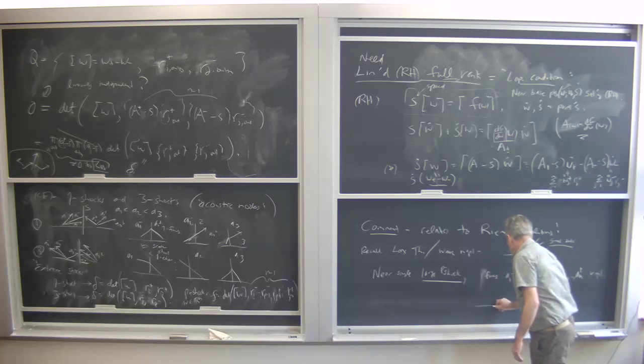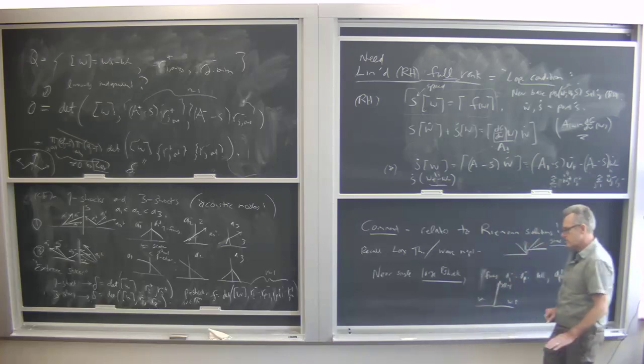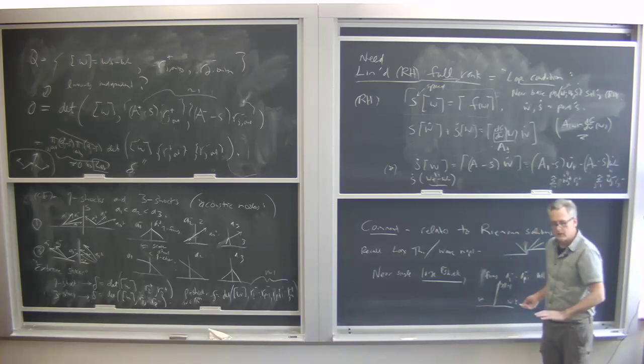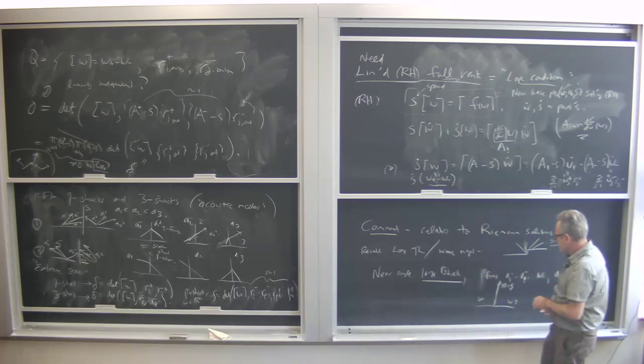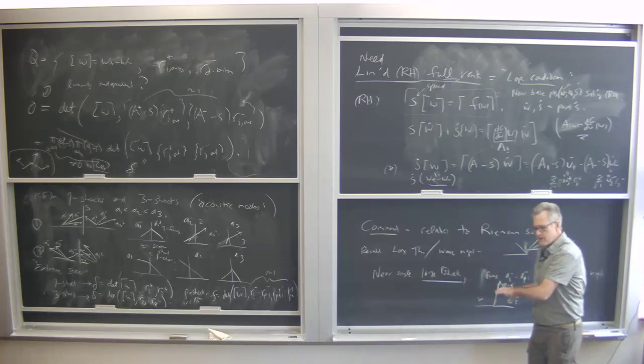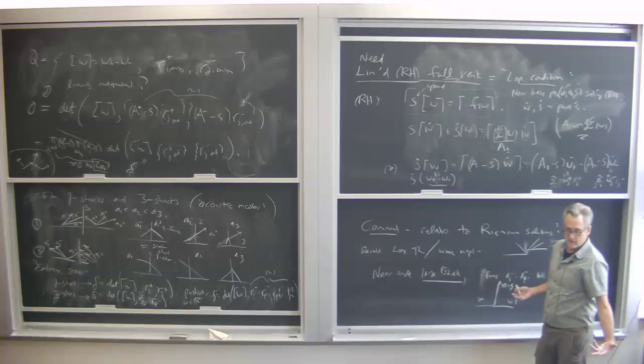Okay, so we start with a single strong shock. This is the solution of a particular Riemann problem, the one with the base points W minus, W plus, and speed S. And now we're asking, well, what if we change the two end states a little bit? Is there still a unique Riemann solution?